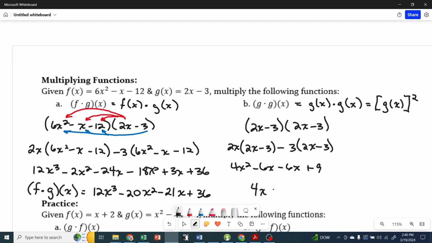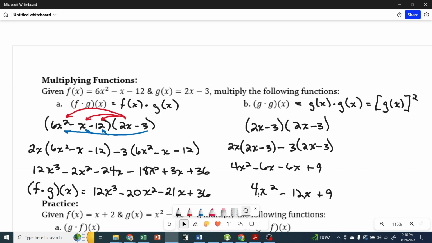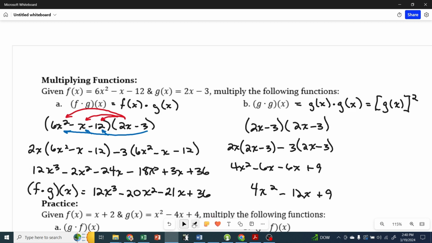So 4x squared minus 12x plus 9, right? All right, so that's g times g of x.